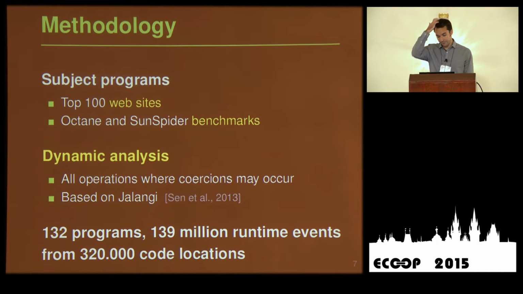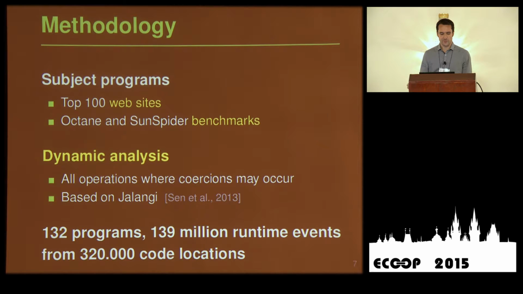Okay, so in order to understand how JavaScript coercions are used in practice, we looked at JavaScript applications on the web. We looked at the top 100 websites according to the Alexa ranking of the most popular pages, and at the two most popular benchmark suites, the Octane benchmarks and the SunSpider benchmarks. For each of these programs, we applied a dynamic analysis, where we dynamically analyze all operations in the program where a coercion may occur.